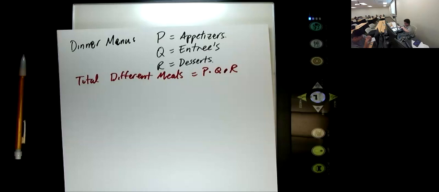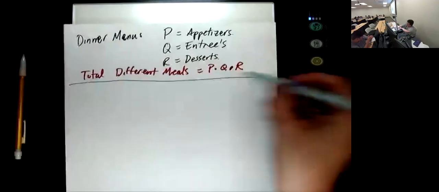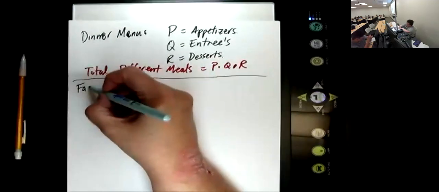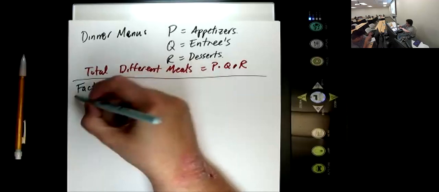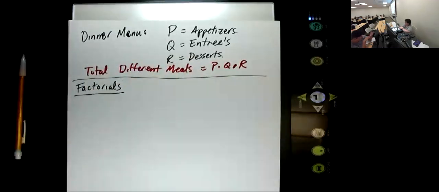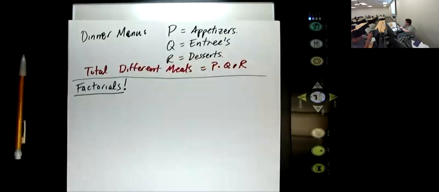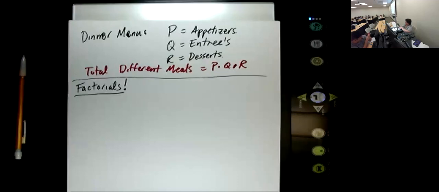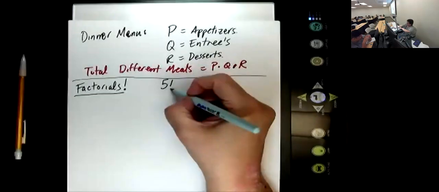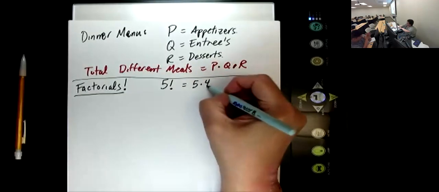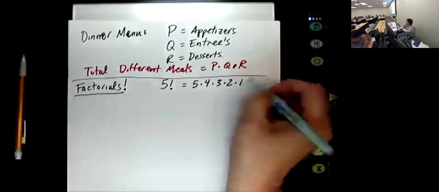All right. Next step, I need to cover factorials with you before we do the next thing. Factorials have an exclamation point. I think the easiest way to show you what a factorial is is to give an example. 5 factorial means 5 times 4 times 3 times 2 times 1.